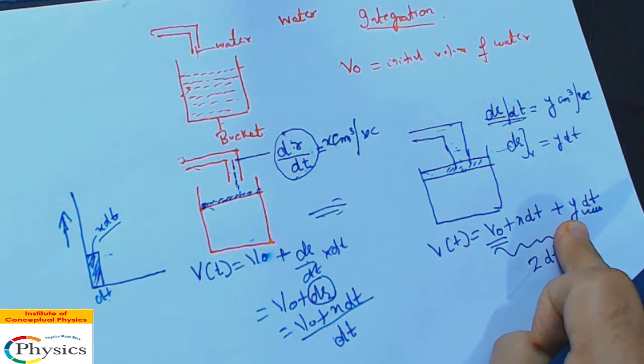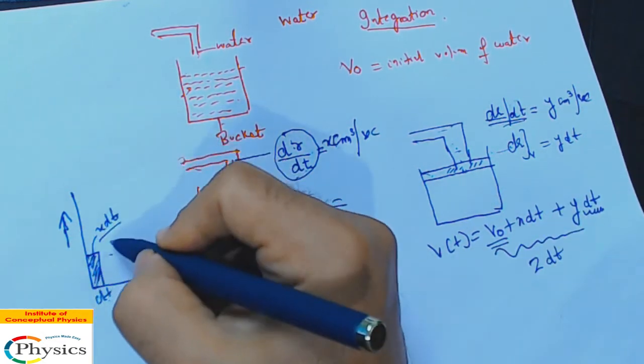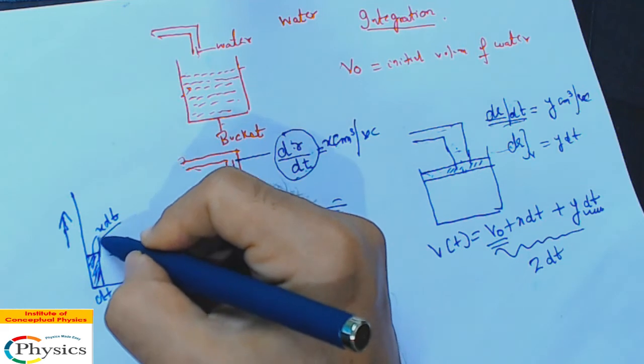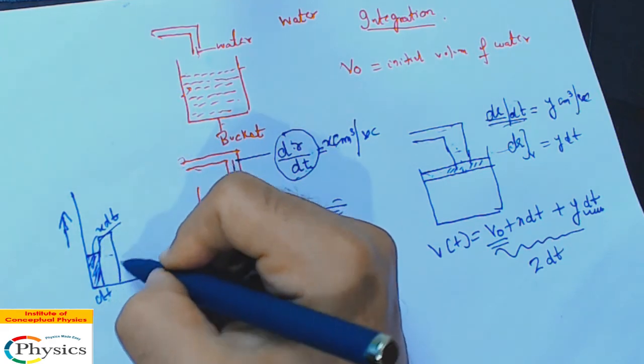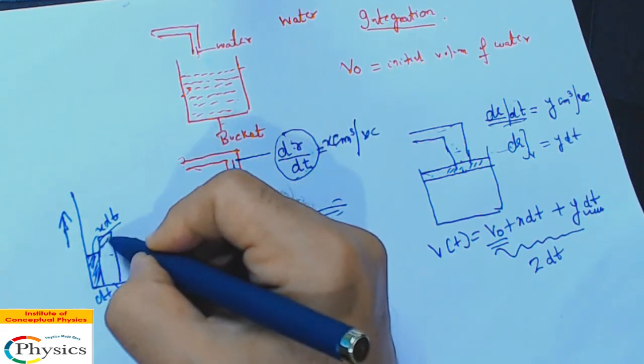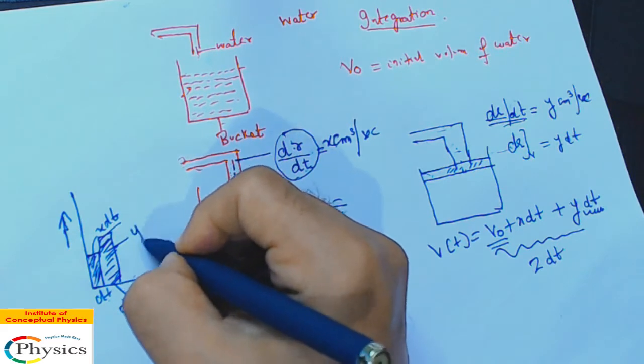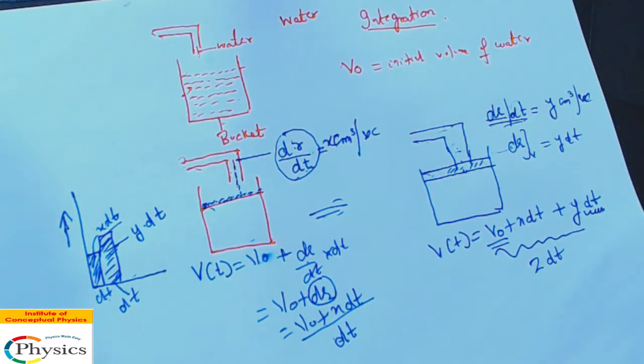And then, after dt seconds, some more water is getting added. And maybe this time, the water level is increasing to, in the same time interval, the water which is getting added is y into dt. So this is what's happening every dt second.